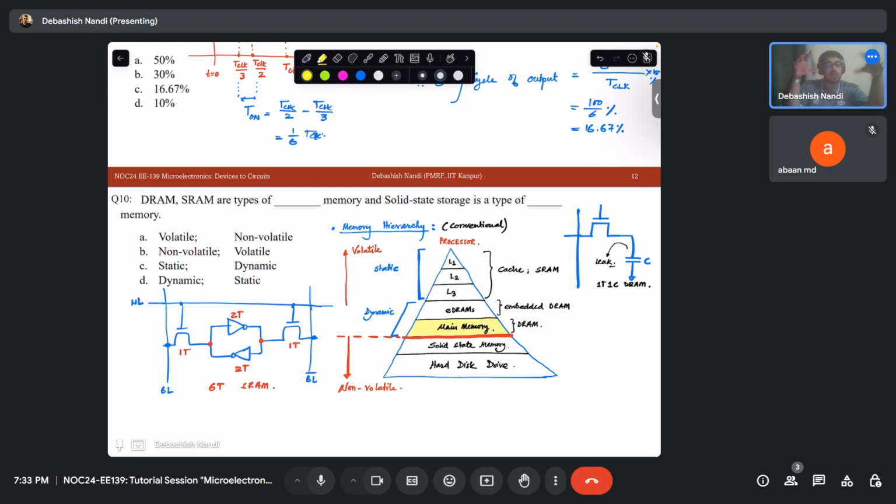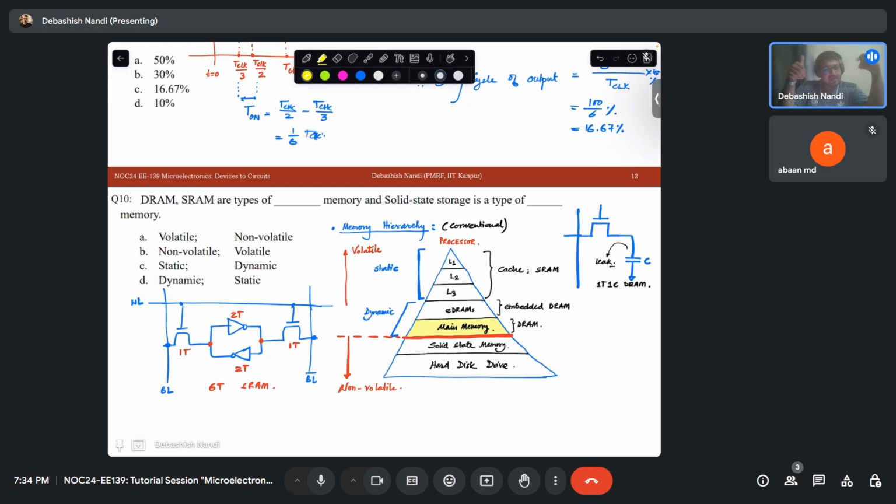It is co-designed or co-placed in the same location as your processor. For example, if we talk about Intel's i9 processor, it will have a certain configuration of cache. Your level 1 cache will be very close to your processor. It will be a very low value.